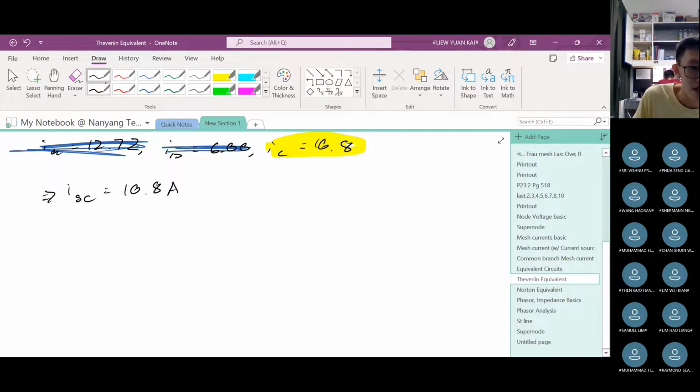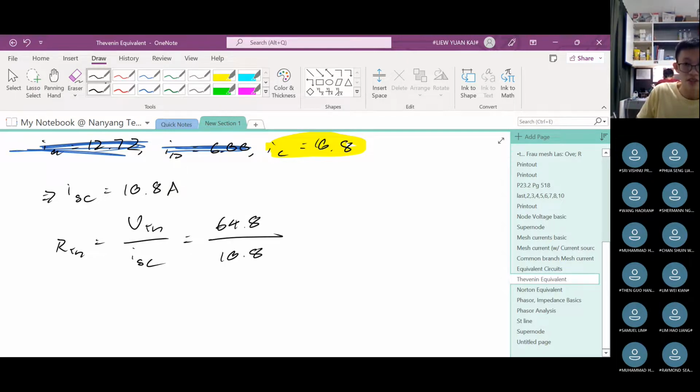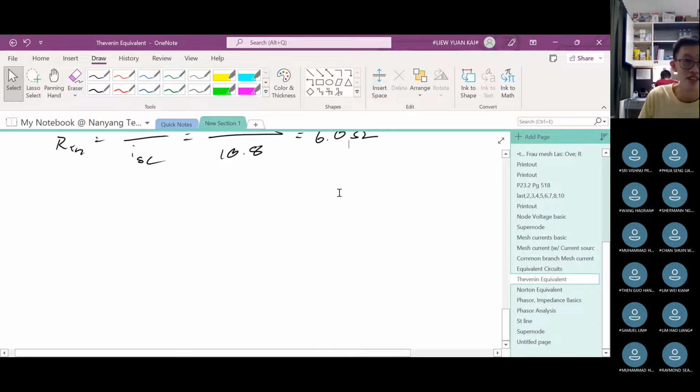So the Thevenin resistance is given by V Thevenin divided by I short circuit. Earlier we got 64.8 volts, then later we got 10.8 amperes. If you divide this, you should get 6.0 ohms.